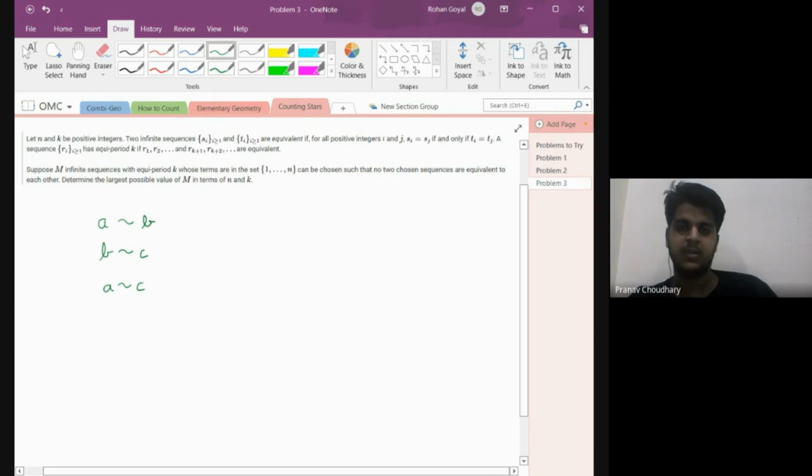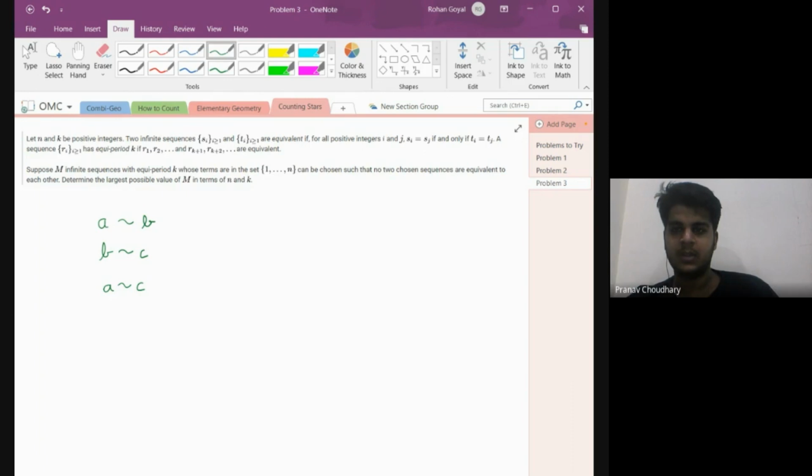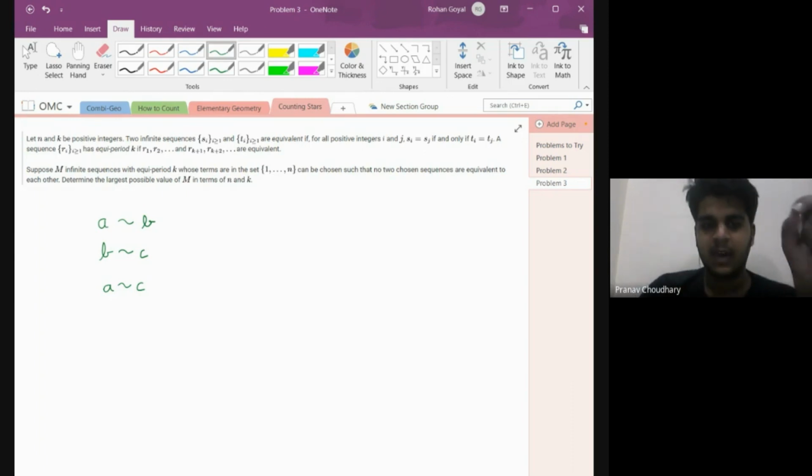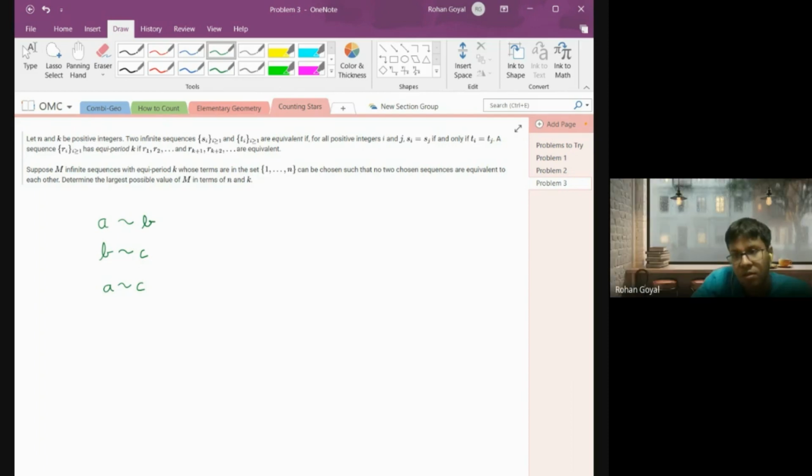Follows by definition of the equivalent sequences. Like if the element at the ith index is equivalent to the jth index in A, it's equal in B also, and then it's equal in C also. So A corresponds to C. Good. So this is true.